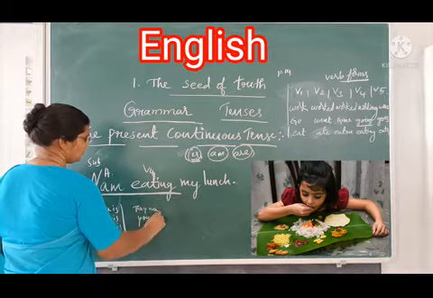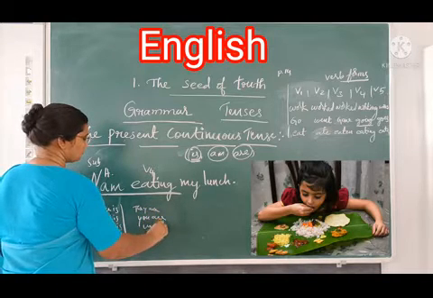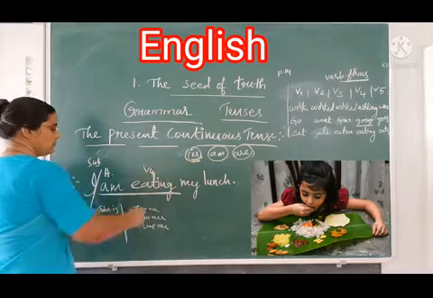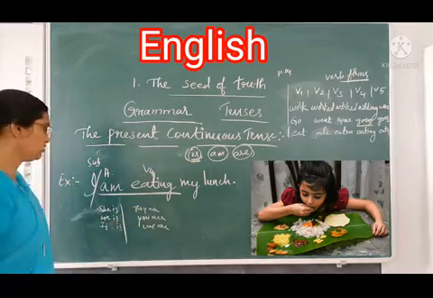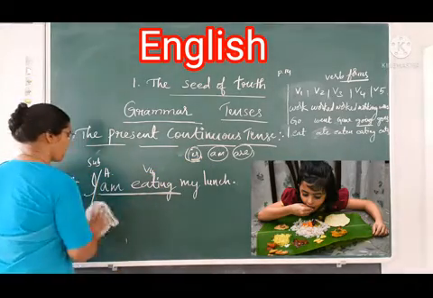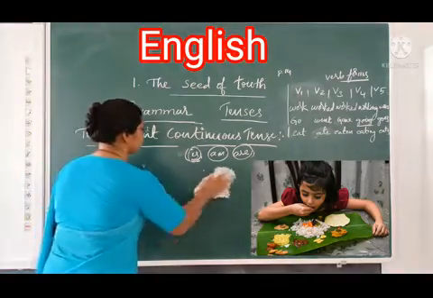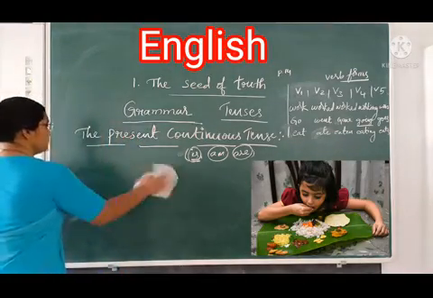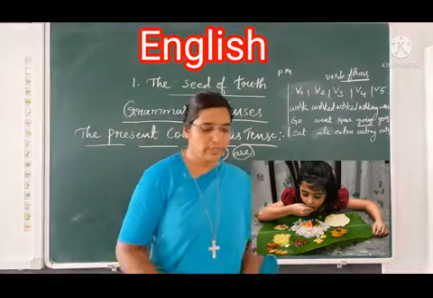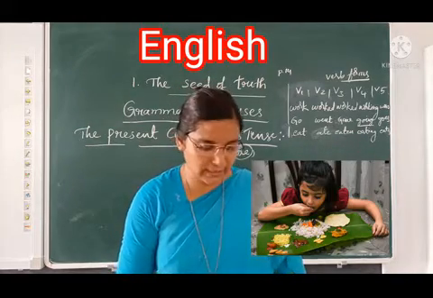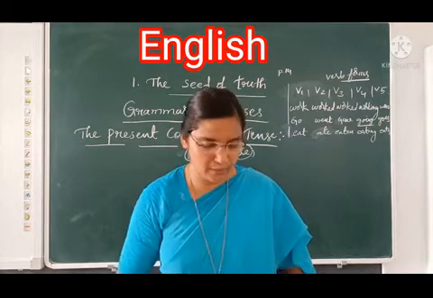You are. We are. So these verb forms we use like this. Are you clear? So I have explained to you the present continuous tense with examples.